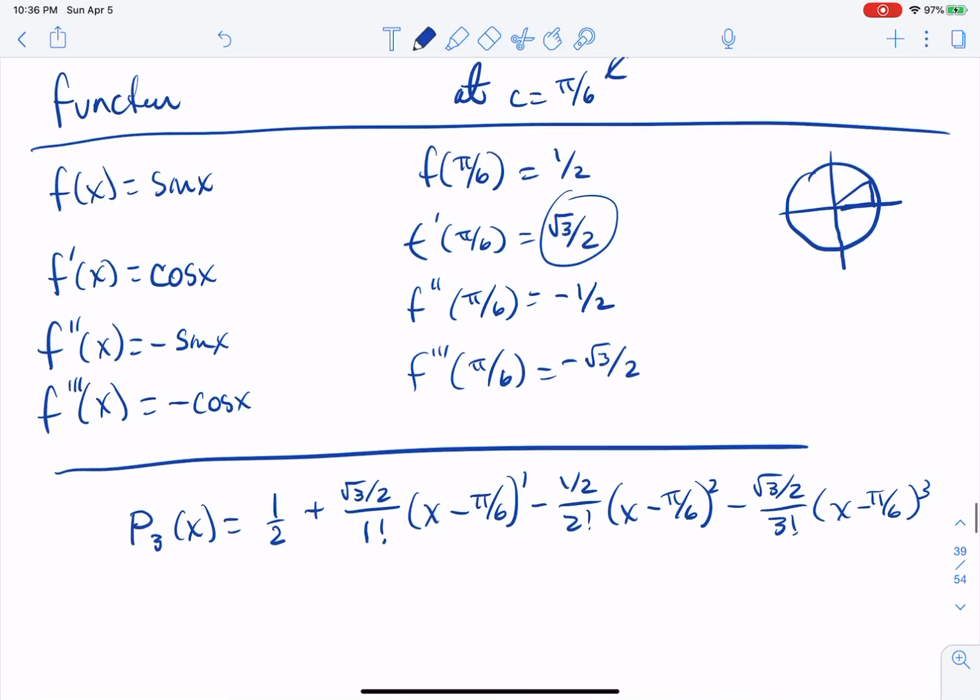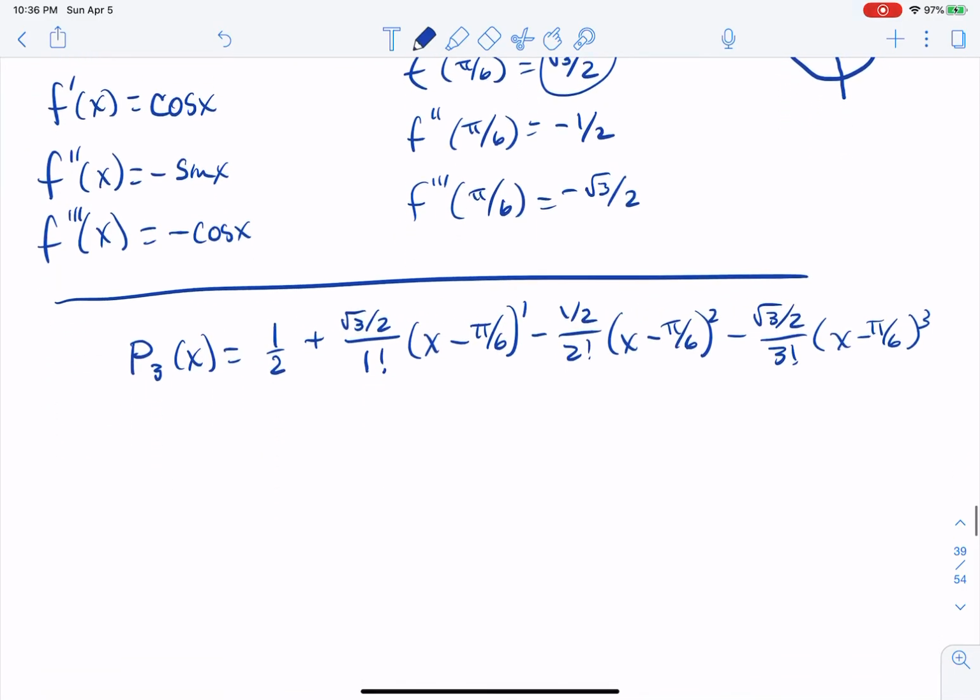Maybe I simplify, clean this up just a little bit. You didn't really have to. It's not crucial. If it was a multiple choice question, of course, you would probably want to, so you can match up some answers. 1/2. So this 1 factorial on the bottom is just 1, so that 2 is going to shoot down there, and I've just got square root of 3 over 2 times x minus pi over 6 to the first power. 2 factorial is 2.